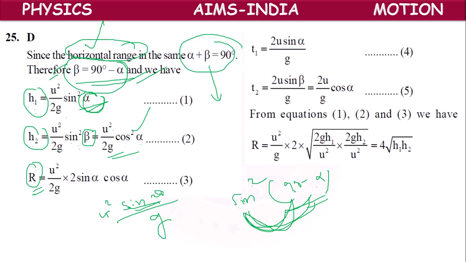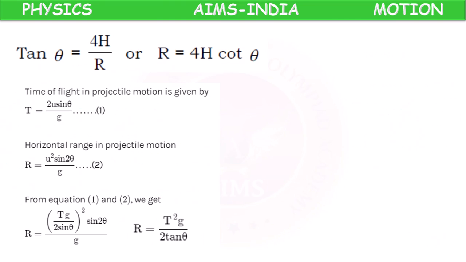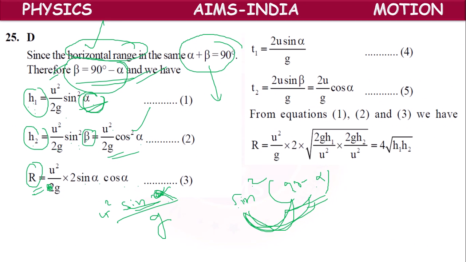In the place of sin 2 theta, we can write 2 sin theta cos theta, or if you take alpha angle, 2 sin alpha cos alpha. Here it is U square by g, children, not 2g. So in the place of sin 2 alpha, we can write 2 sin alpha cos alpha.